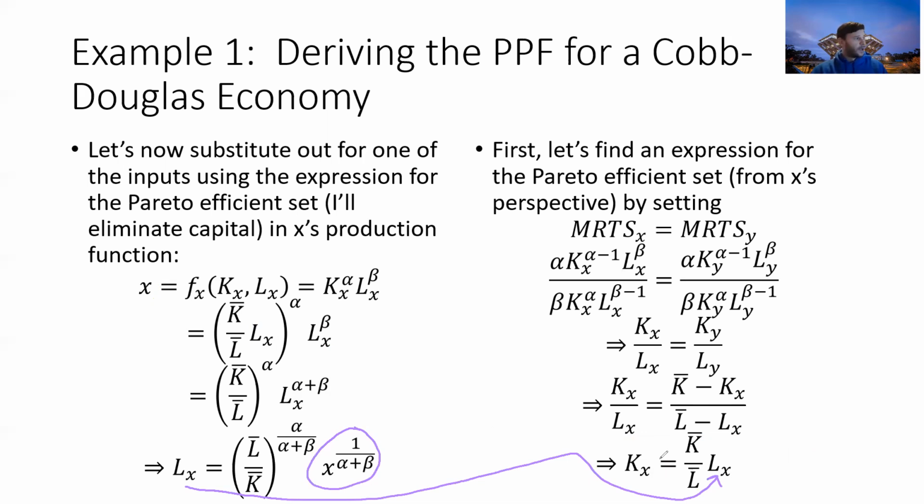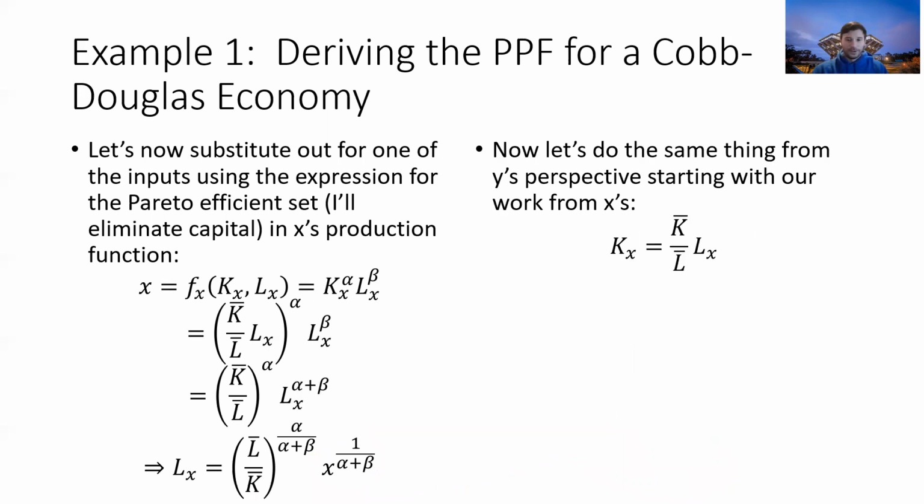What substituting LX over here is going to do is allow us to figure out how the efficient level of capital depends on X, the level of output. So that's all we're going to do. I'm going to plug in LX right over here. And the result of this is going to give us K as a function of X.